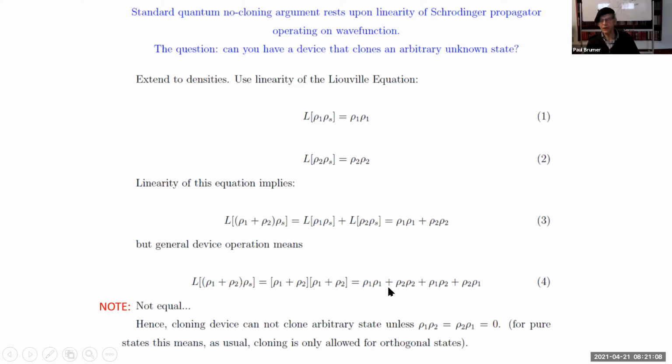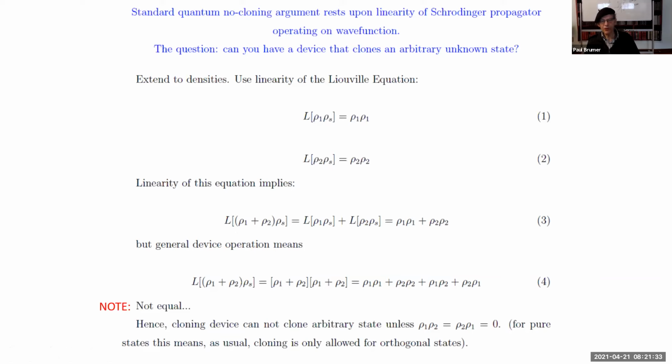But that's ρ1ρ1 plus ρ2ρ2 plus ρ1ρ2 plus ρ2ρ1. That is not the same as this. So the linearity of the operator implies that you should get this. The ability of this machine to clone arbitrary functions says you should get this, and they are not equal.